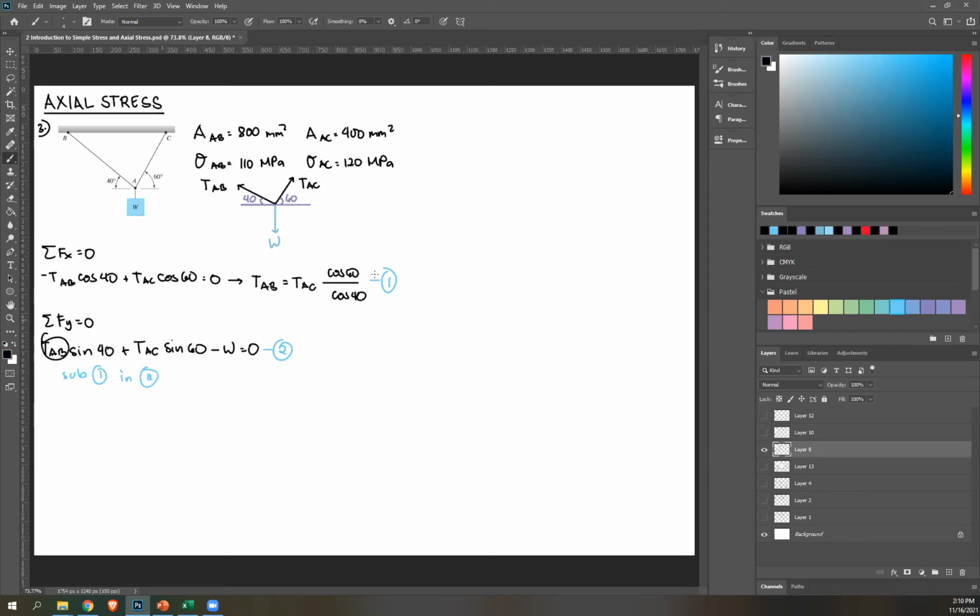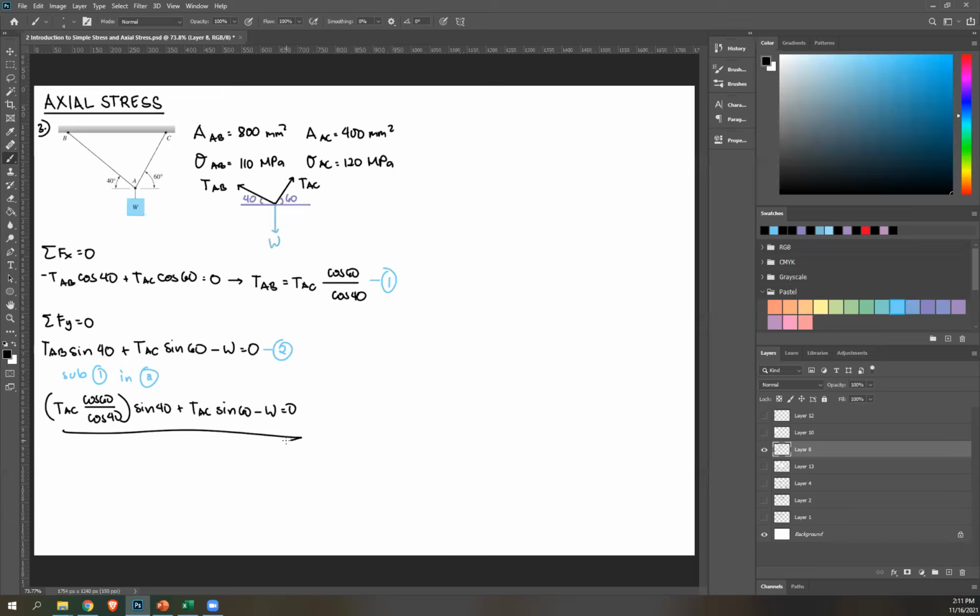TAB is this, so we'll have TAC cosine 60 over cosine 40 multiplied by sine 40, plus PAC sine 60, minus W equals 0. So now I have an equation relating PAC to W, which is what we want.